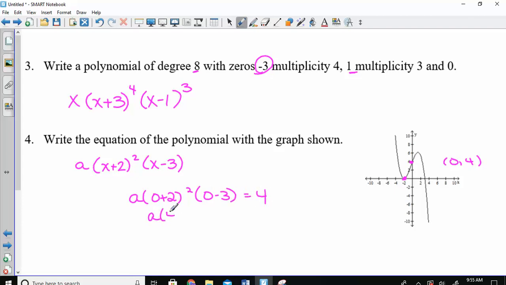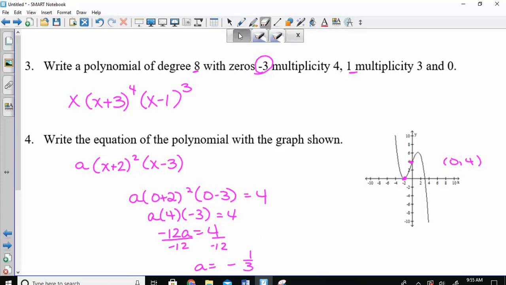So 0 plus 2 is 2, squared is 4. 0 minus 3 is negative 3. Divide by negative 12. So that coefficient is a negative 1/3.